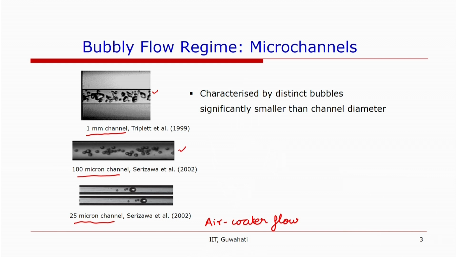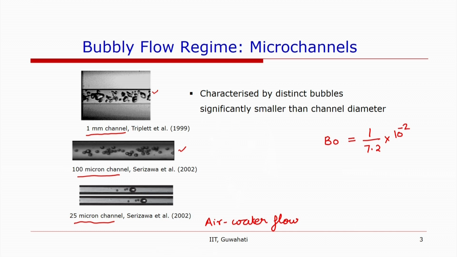and they are significantly smaller than the channel diameter, at least in the first two images. In the second image, we see the bubbles are of small size, and these bubbles are almost spherical, because at this 100 micron the bond number will be 1 by 7.2 into 10 to the power minus 2.